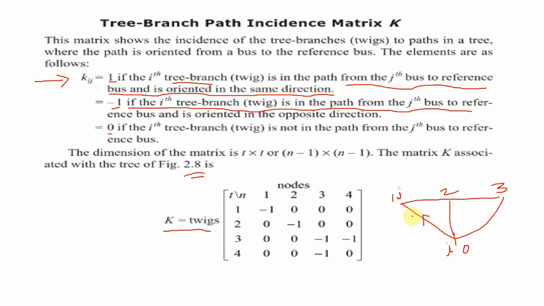If the direction is like this, then it is positive 1. But now the direction is opposite, so it is minus 1.